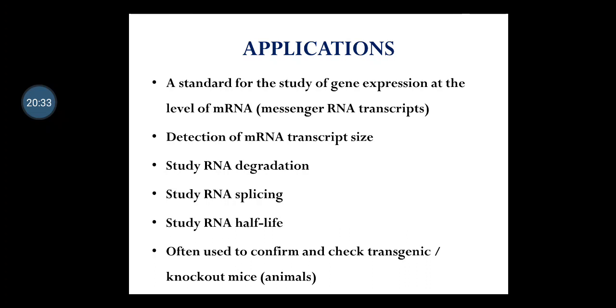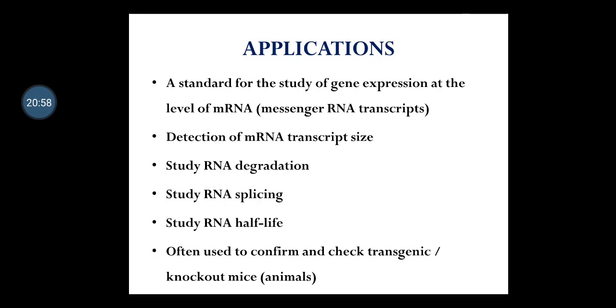It is also used for the determination of whether a particular gene is transcribed in all tissues of an organism or only in certain tissues. So the applications related to the northern blotting technique are a standard for the study of gene expression, as I told you just now.